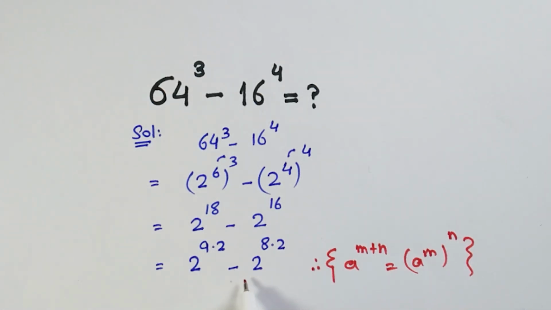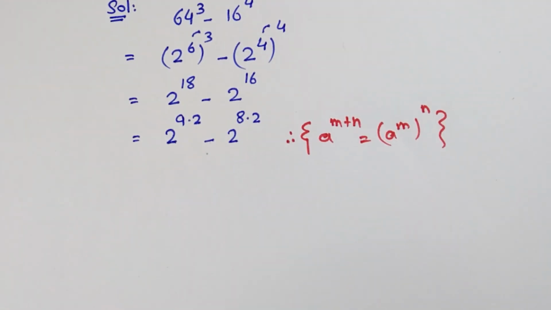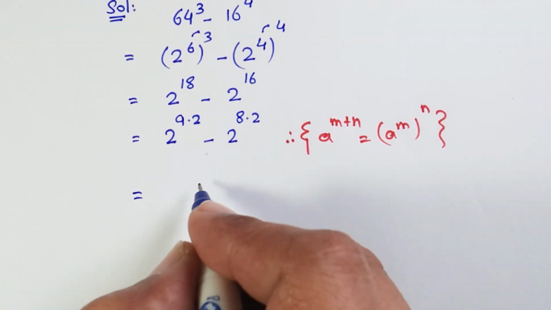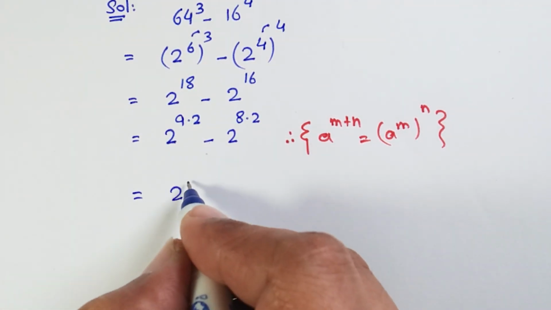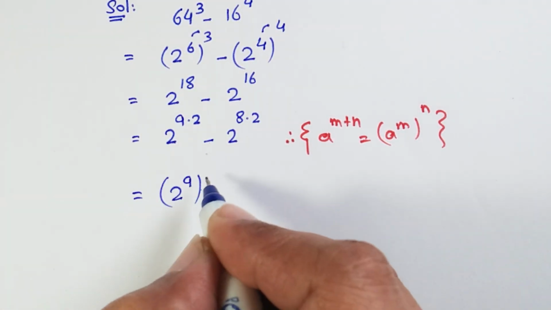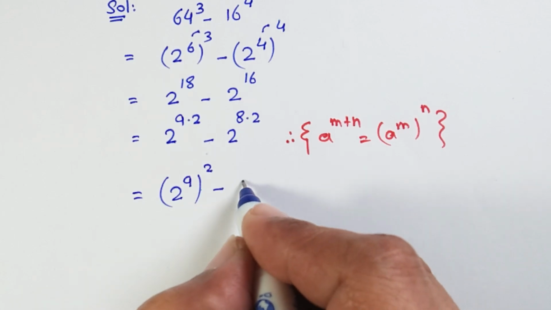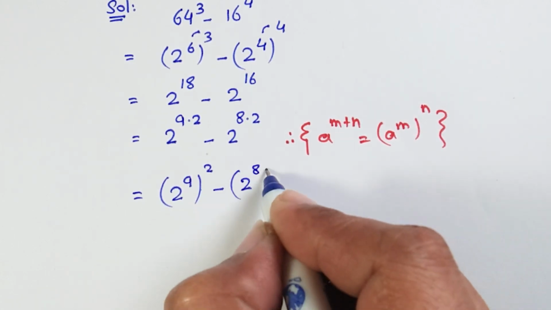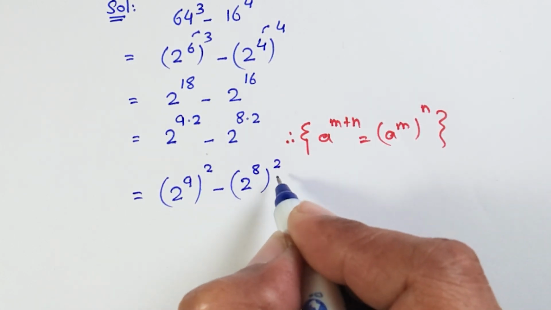So we will write this equation in the form of this identity, and we have 2 to the power 9, to the power 2, minus 2 to the power 8, to the power 2.